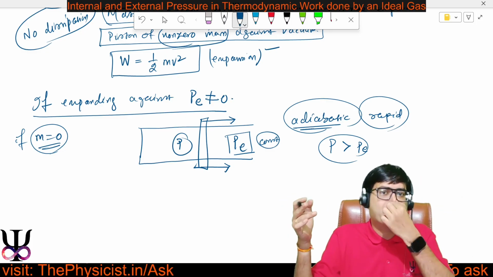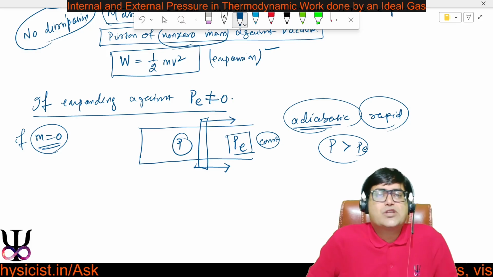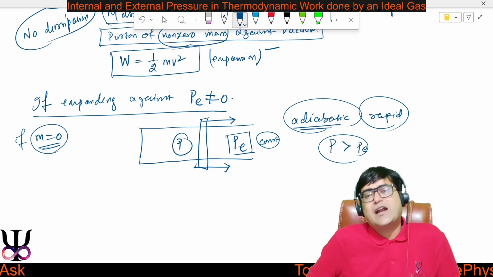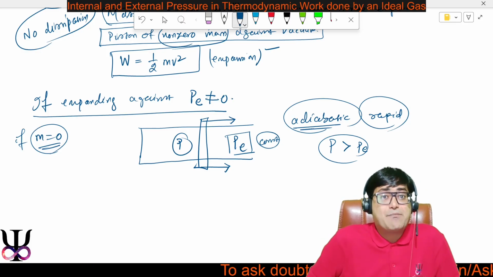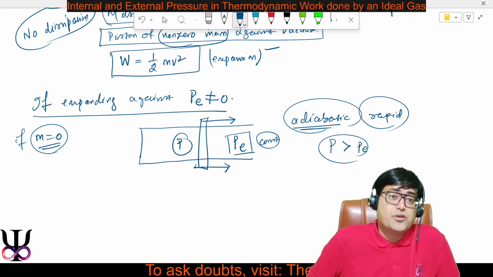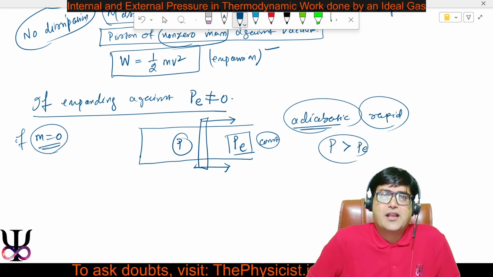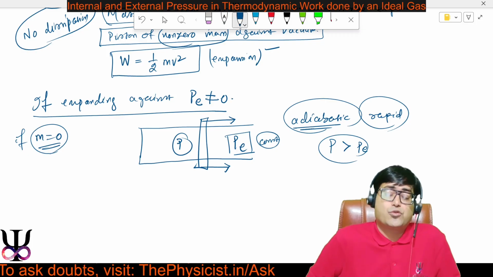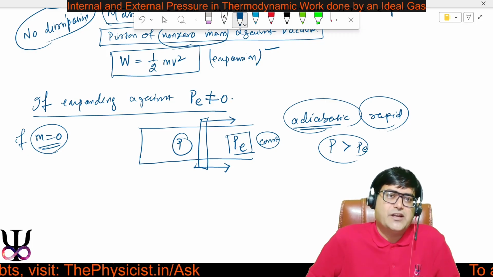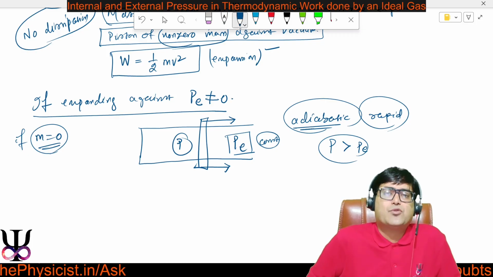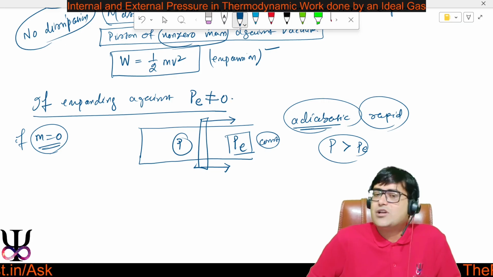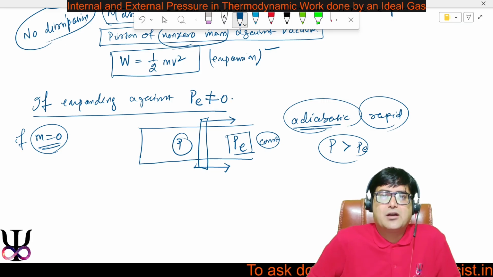And if it's an adiabatic process, it's also losing its temperature. Now, in this case, you can't use the internal pressure either. If it's a rapid process, the pressure is not uniform inside the gas. Although you should be using the internal pressure, you can't use it here because you don't have a uniform pressure distribution. So how do you calculate the work done?